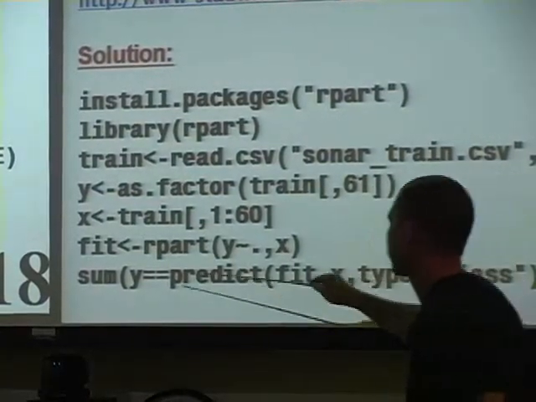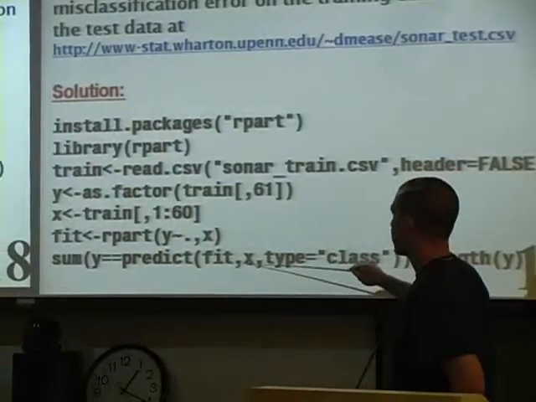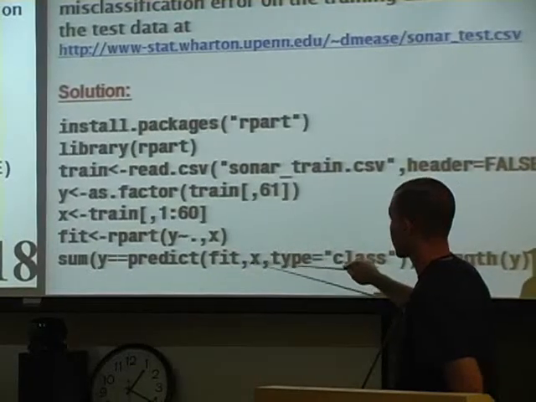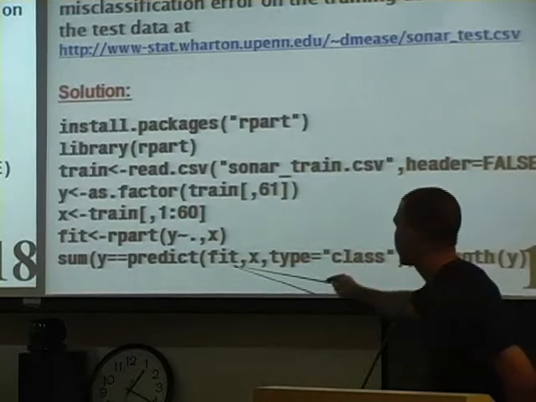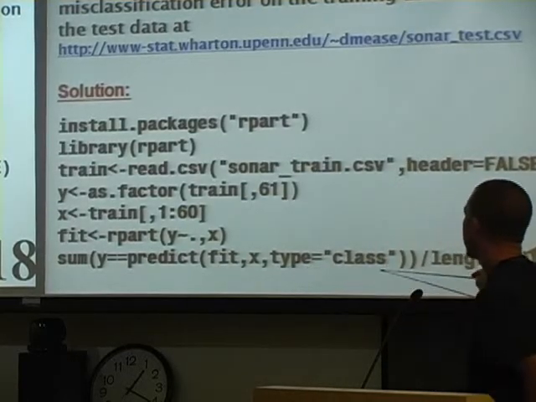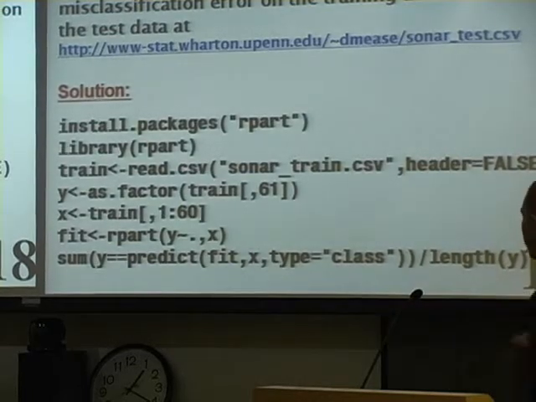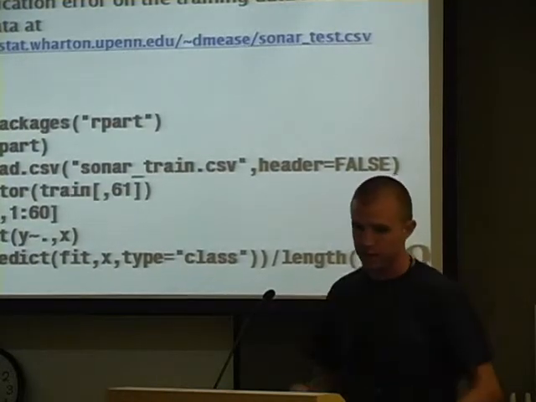The predict function takes the model object, and the data that you want to predict, which if you wanted to predict for new data, you could put new data here, but I'm just trying to get the prediction from the training data. Type equal class, even though fit is fitting with respect to a binary class label, if you don't say type equal class, you get probability outputs. And so I just want the class label outputs. So I say type equal class, and then I just divide by the length of y, which is 130.